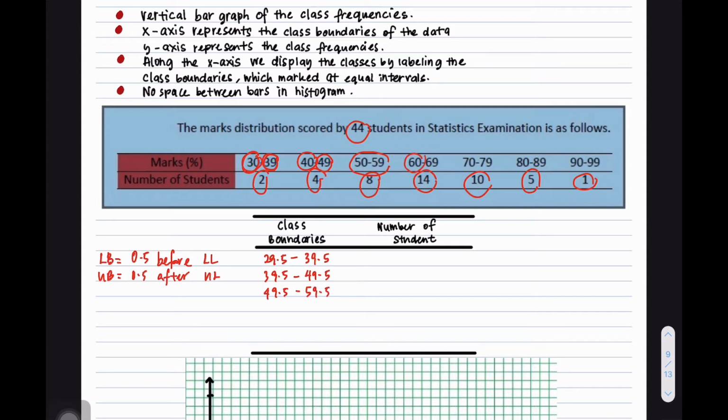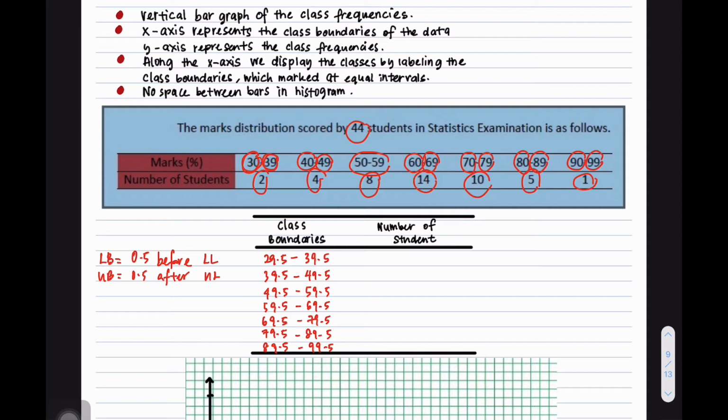Then 0.5 before 60 will be 59.5, 0.5 after 69 will be 69.5. 0.5 before 70 will be 69.5, 0.5 after 79 will be 79.5. 0.5 before 80 will be 79.5, 0.5 after 89 will be 89.5. 0.5 before 90 will be 89.5, 0.5 after 99 will be 99.5.